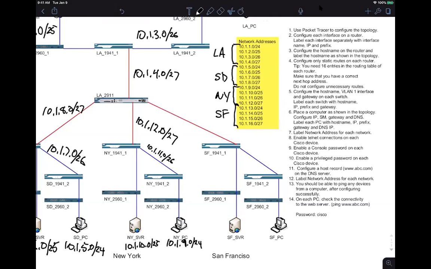Okay, more of the same, SF. 10.1.15.0/26, 10.1.13.0.